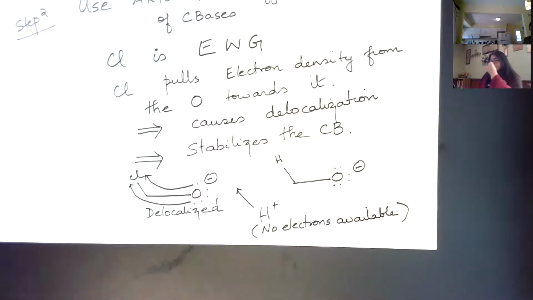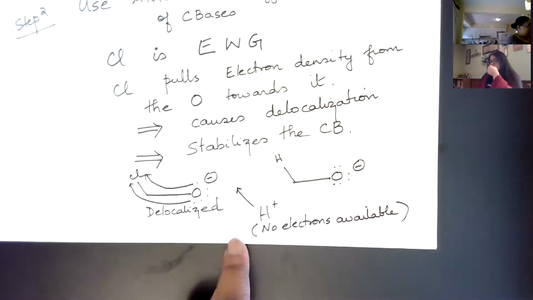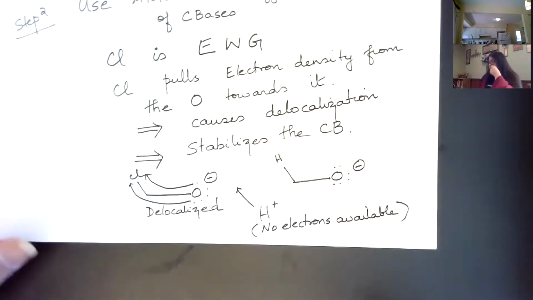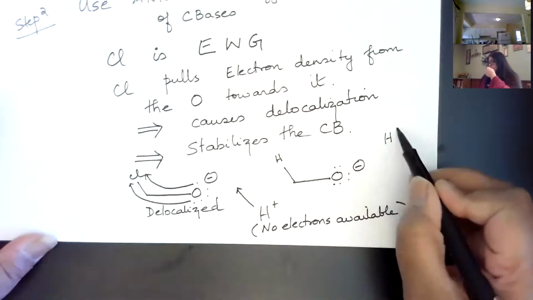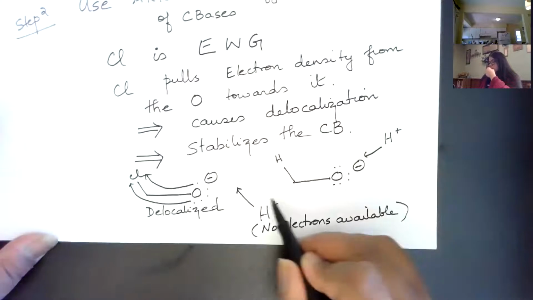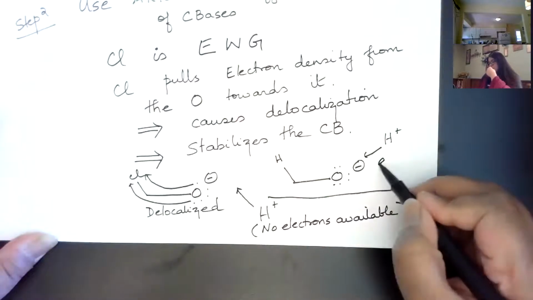Remember, if the package is not there at the doorstep, then the mailman cannot have it. So the H plus bonds with the oxygen through the electrons to form the acid. But if the electrons are not there, then he's not going to make the acid.